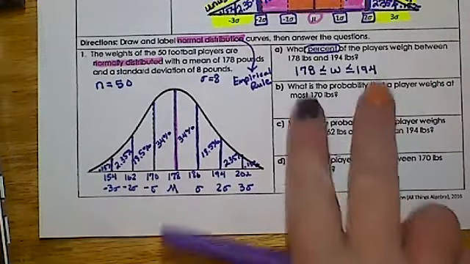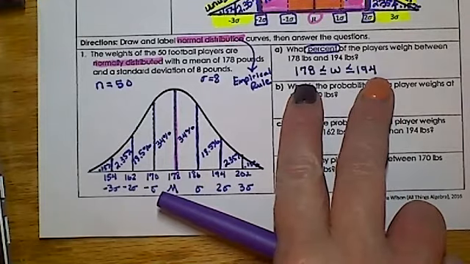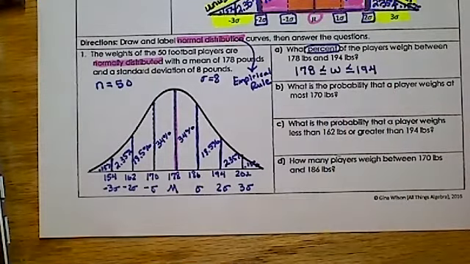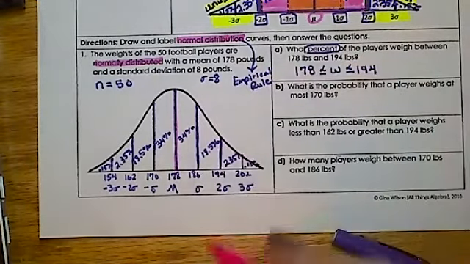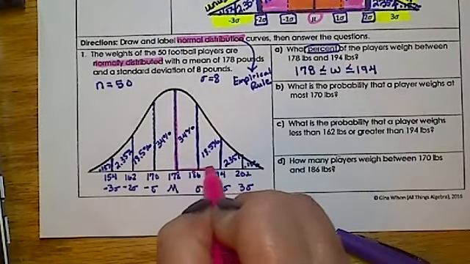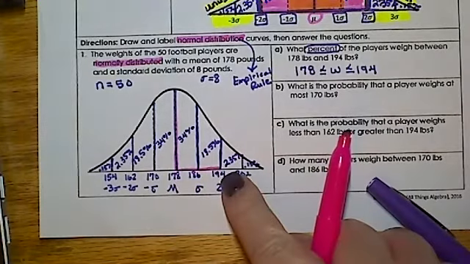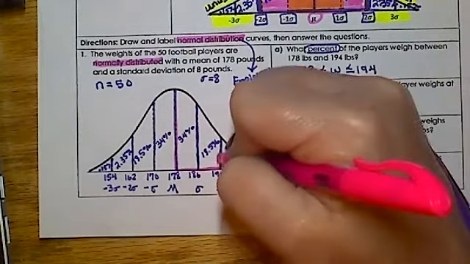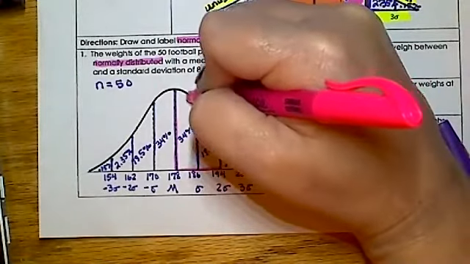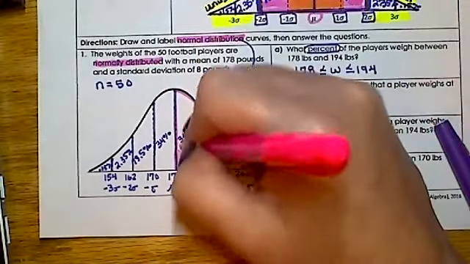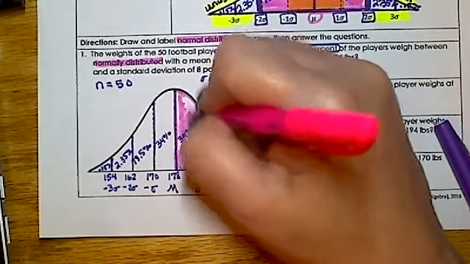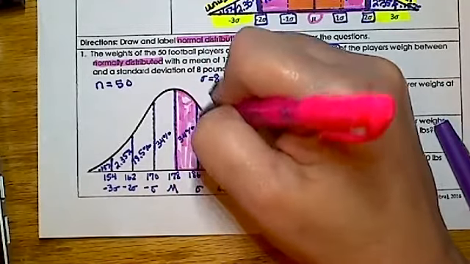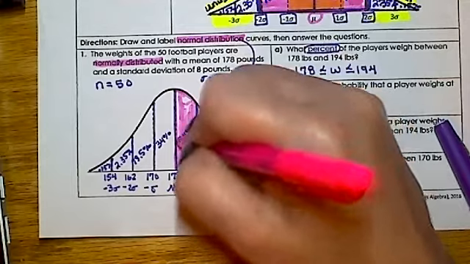Okay, so we're looking in between those numbers. So you go over here and find 178 and you go out to 194. Okay, and then I'm just going to color that area. That is the area that it's talking about.